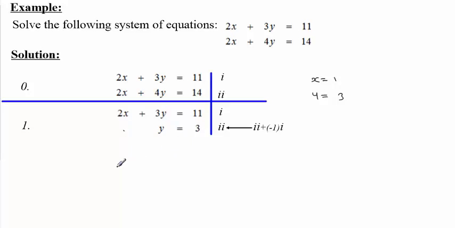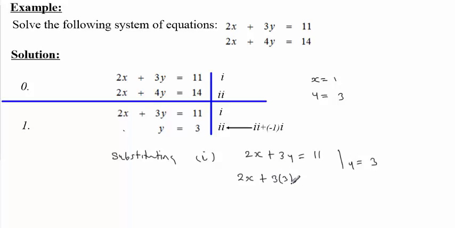Then similarly, we can now say, substituting in equation 1, we get 2x plus 3y equals 11, given that y equals 3, which is going to give us 2x plus 3 by 3 equals 11.